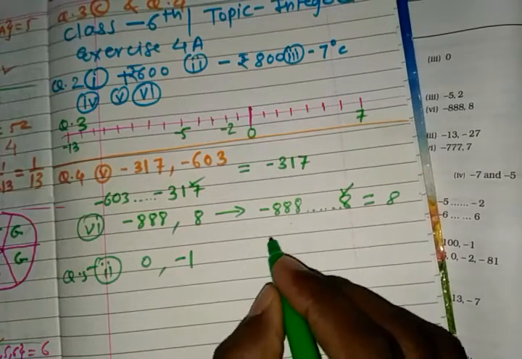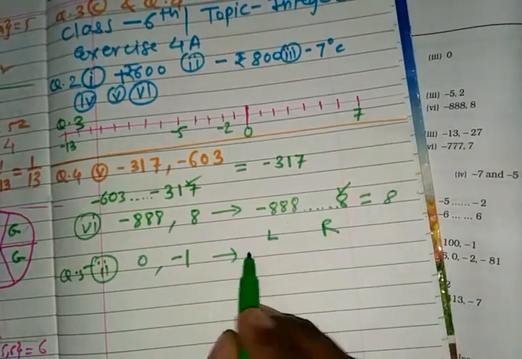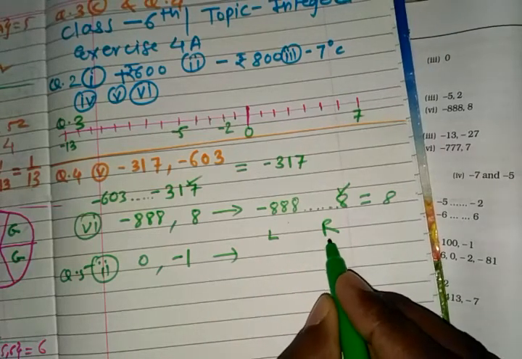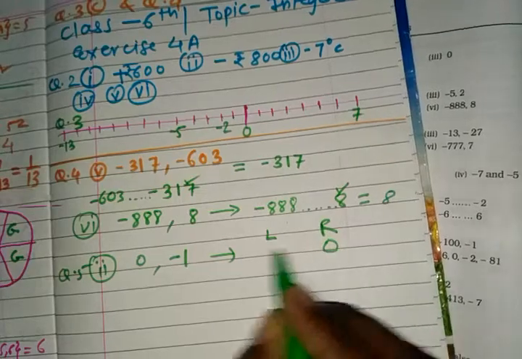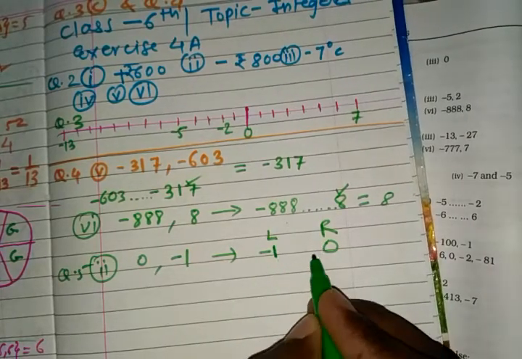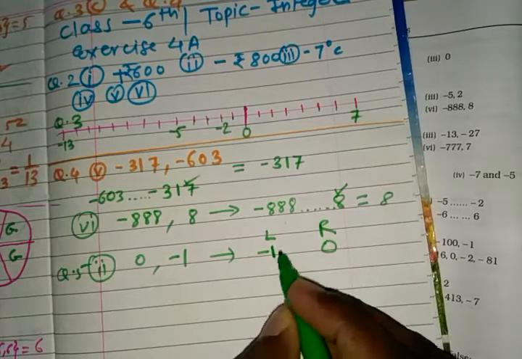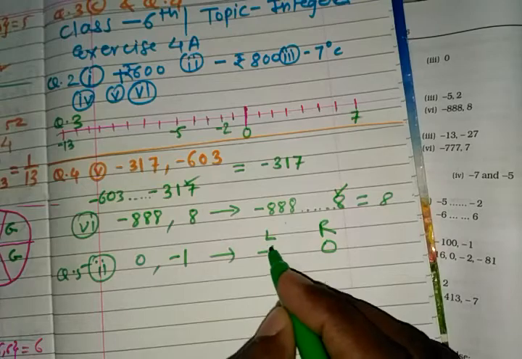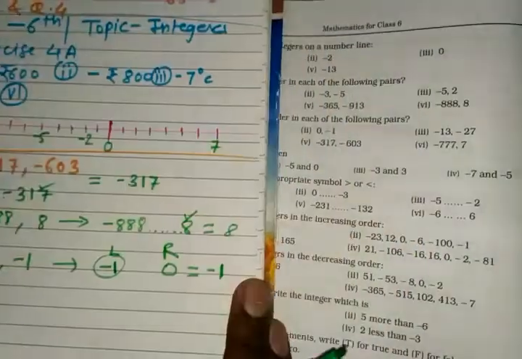Suppose I make this left and this right. 0 is lying here, and to the left of this 0, minus 1 is here. According to the number line, the negative numbers lie to the left hand side of 0. So which number is smaller? The one to the left. So minus 1 is the smaller number, right?